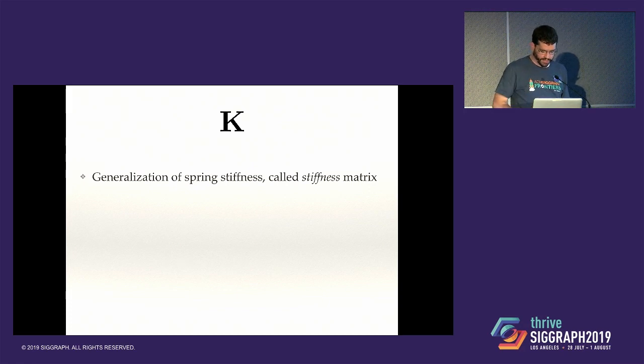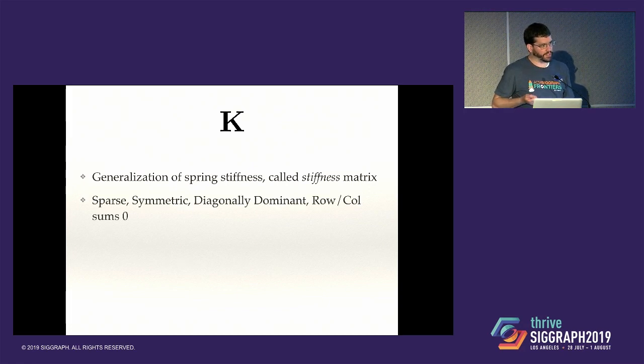This is a generalization of spring stiffness. It's called the stiffness matrix. It's sparse, it's symmetric, it's diagonally dominant, which means that the values on the diagonal are no smaller than the sum of the values in the rows and columns. And its rows and columns all sum to 0, sorry.